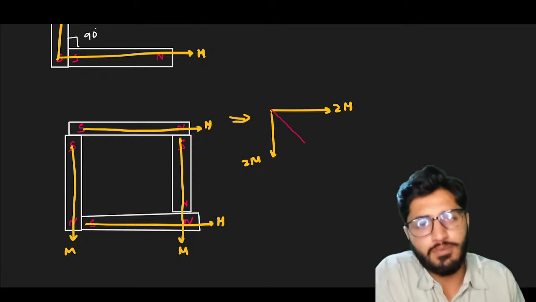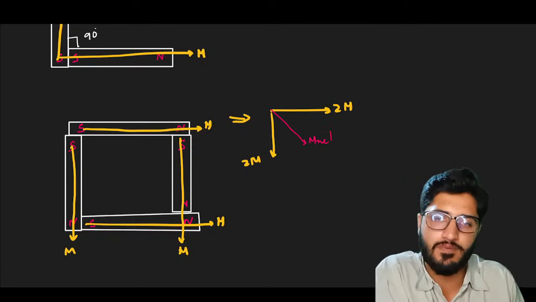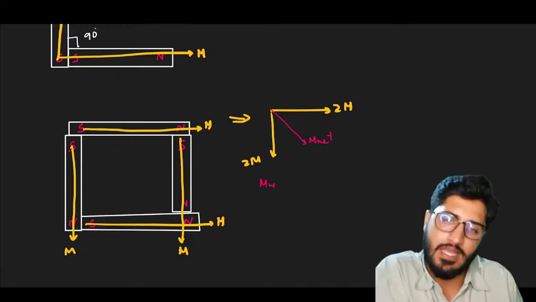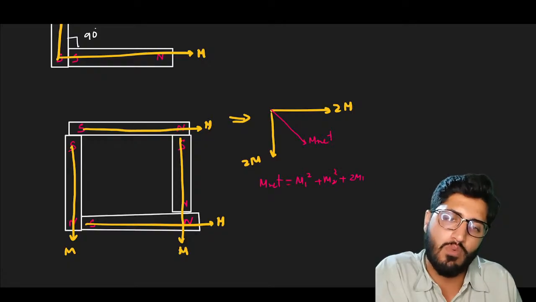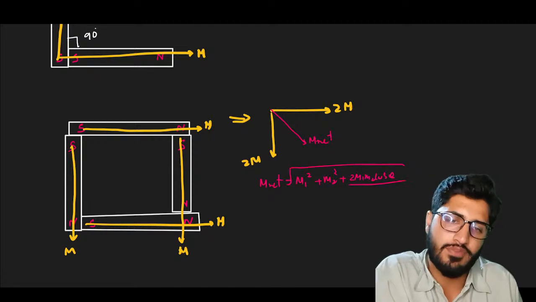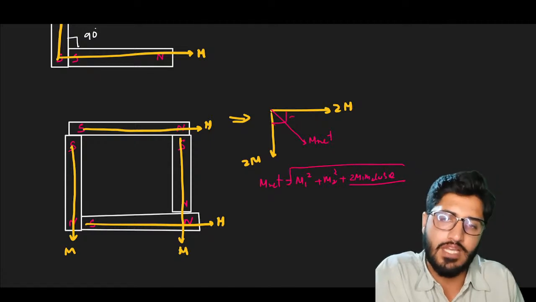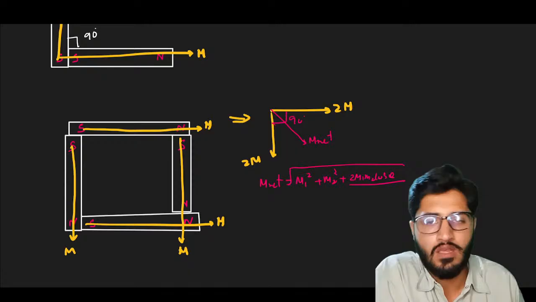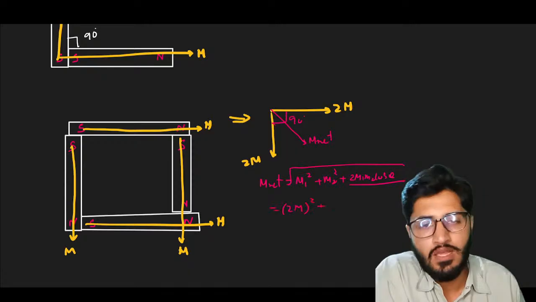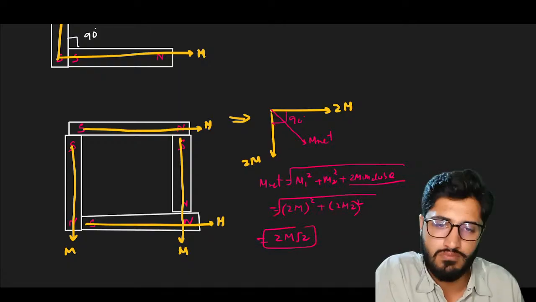So M net will be the same, no? M1 square plus M2 square plus 2 times M1 M2 cos theta, root. This term will be 0. Why? Because this is 90 degrees. M1 is 2M square, M2 is 2M square. Then it is root. So can I write it is 2M root 2? Is this the answer?